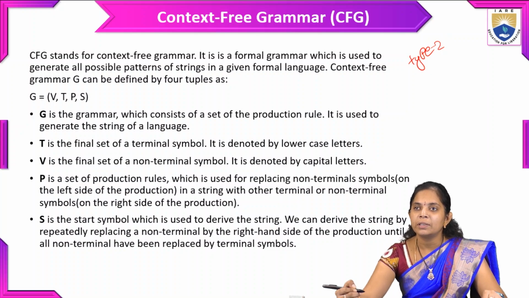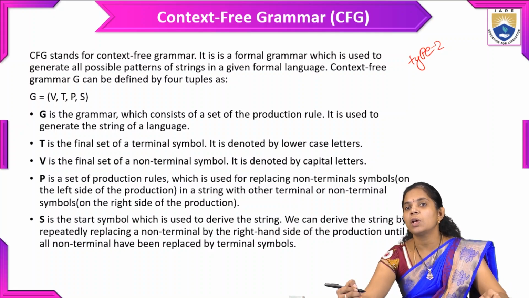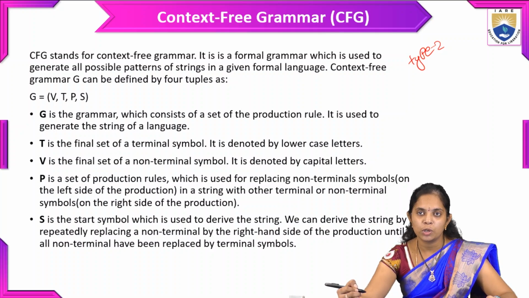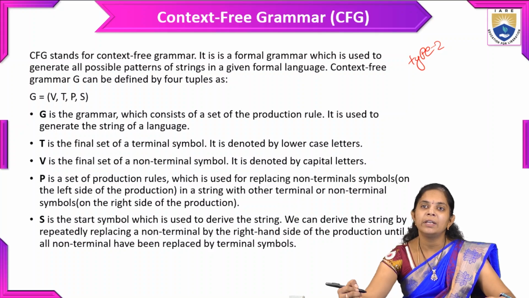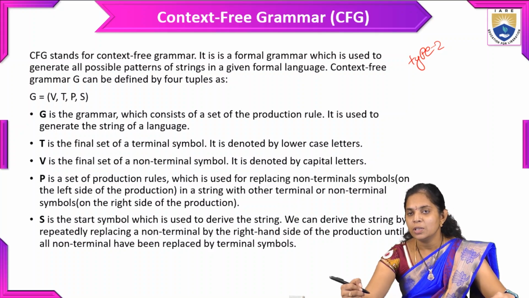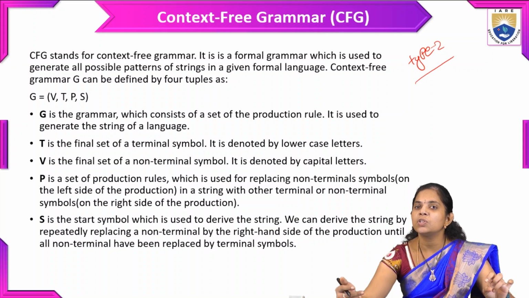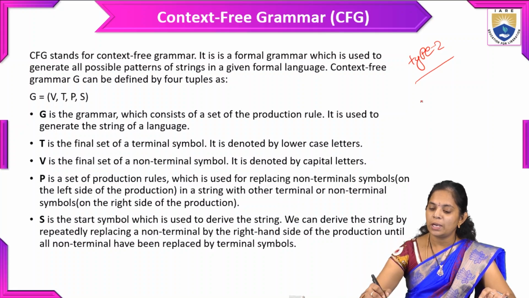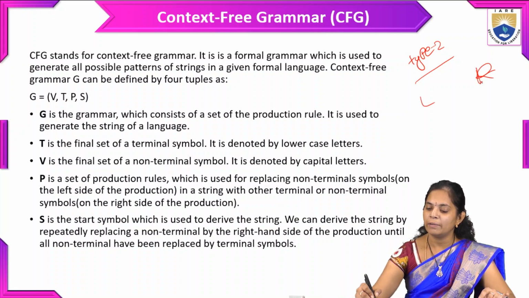Whenever we have different types of grammars, we already discussed in the previous videos how grammars are divided: based on the production rule, or on ambiguity and unambiguity, and on non-deterministic or deterministic types. So in type 2 grammar, based on the production rules, we have a limitation. On the left hand side and right hand side we have the production.